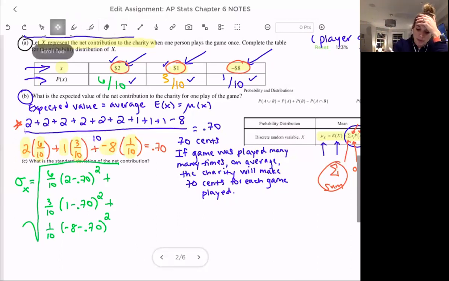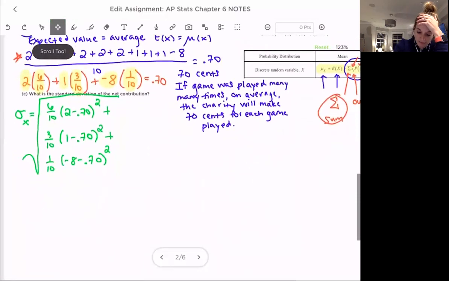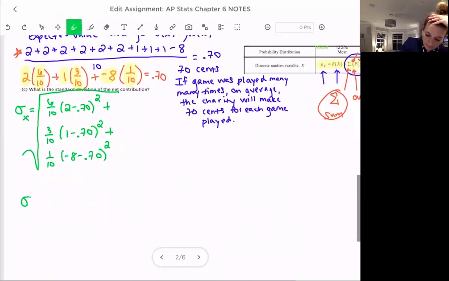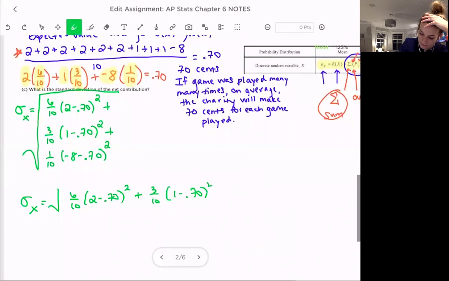All right, let me write this a little more elegantly and all in one line. So probability being multiplied by the deviation squared. Add that to the next outcome. Add that to the next outcome.